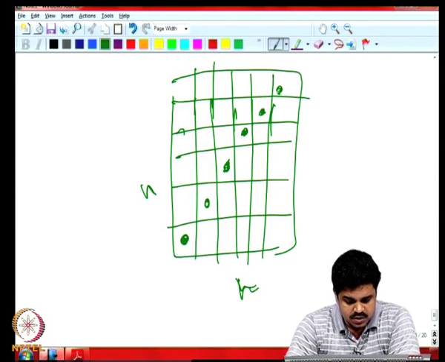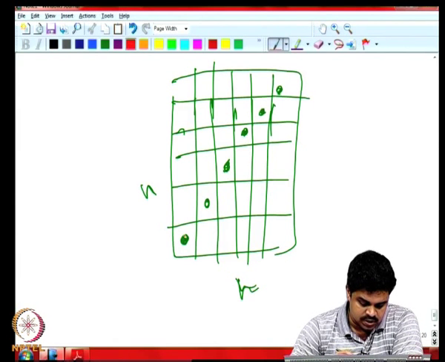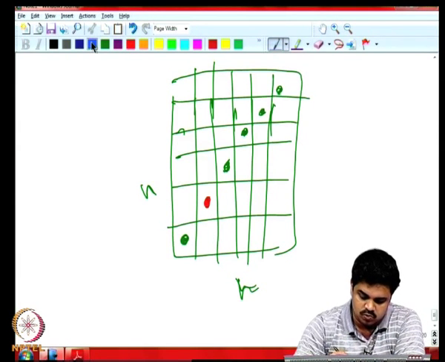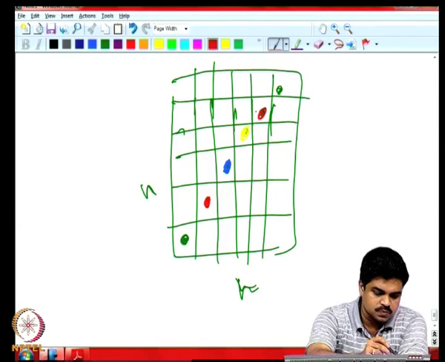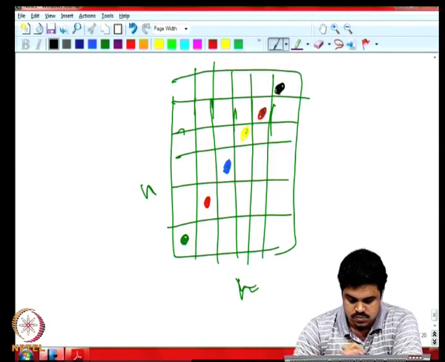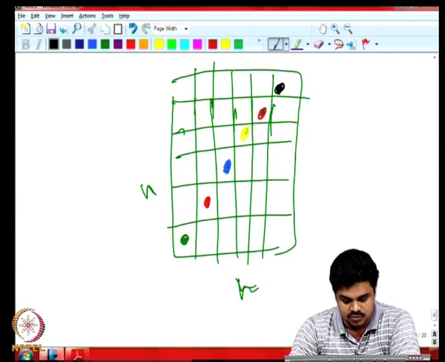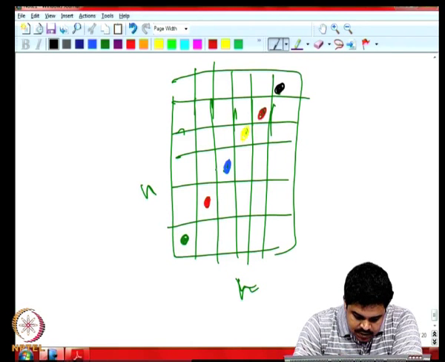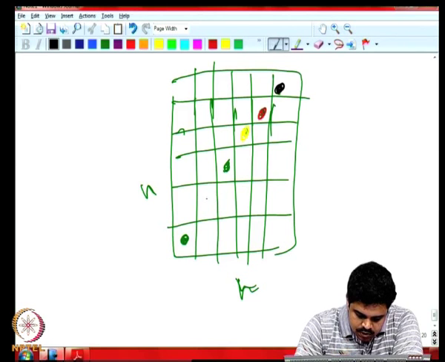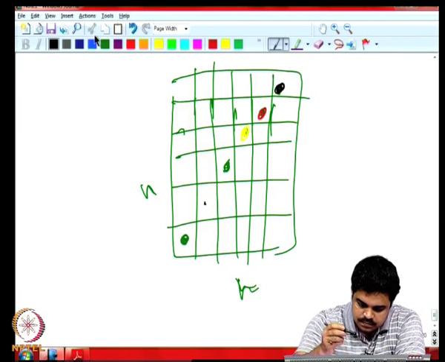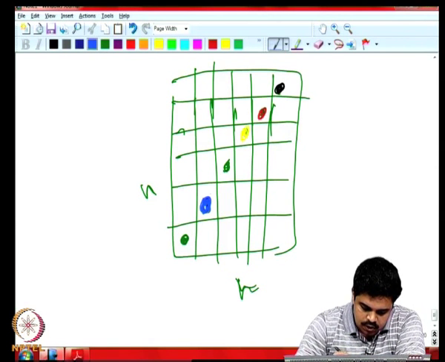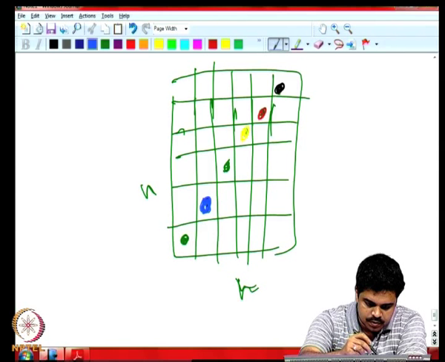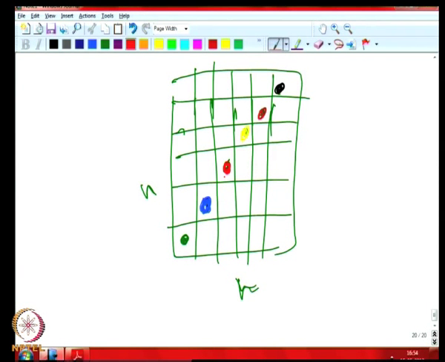But now, suppose this rook was green, this was red, and this was blue, and this was yellow, and this was brown, and this was black. You can identify which rooks are which. If I had placed this blue rook here, and my red rook here, it would be different.